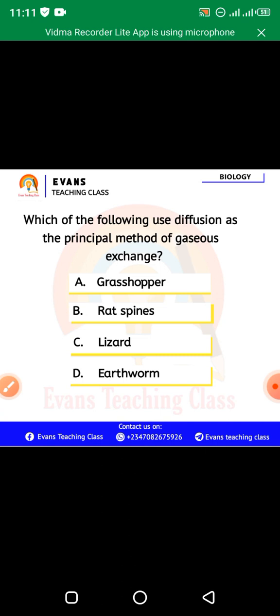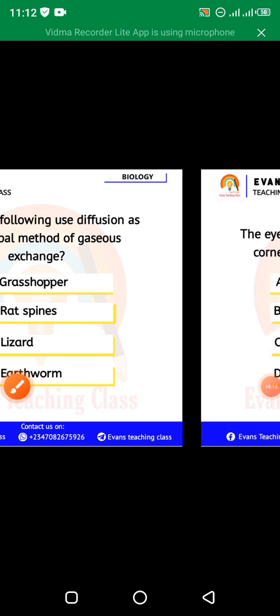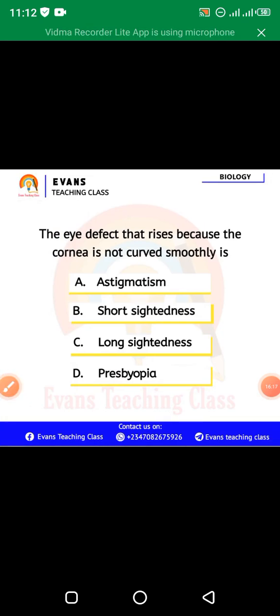So we cannot use diffusion as our main source of gaseous exchange, unlike the earthworm, because the respiratory organ of the earthworm is simpler than other respiratory organs. So our right option here is Option D. Let's move to the next question.